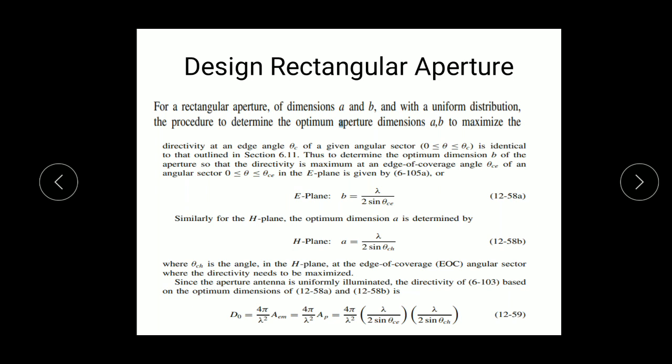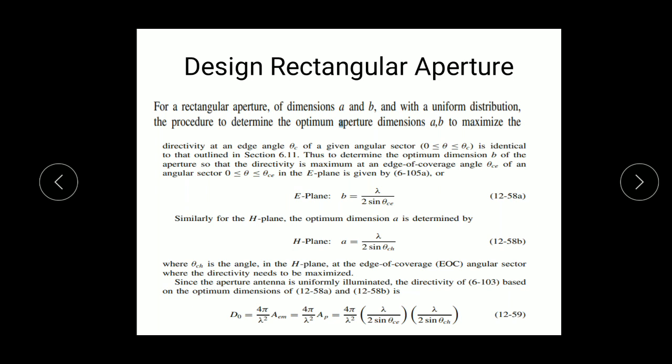So, to determine the optimum dimension B of the aperture so that the directivity is maximum at the edge of coverage angle theta CE. Theta CE means the edge of coverage of the E plane of an angular sector 0 to theta CE.